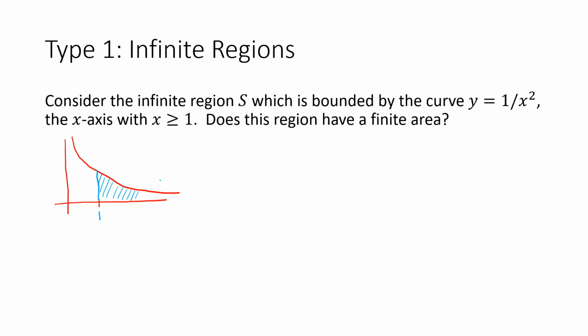One way to look at it would be to choose a right boundary for the region and make that right boundary a variable. So if I choose the right boundary to be some variable t, then the finite area of this region would be the area from 1 to t.